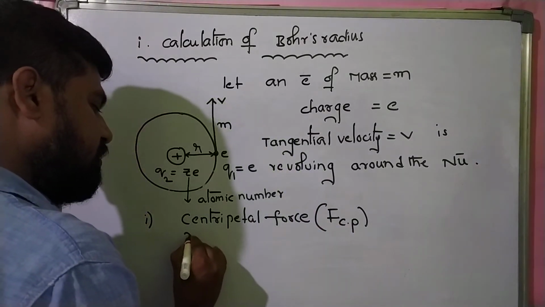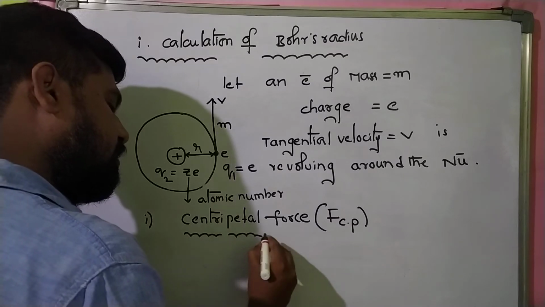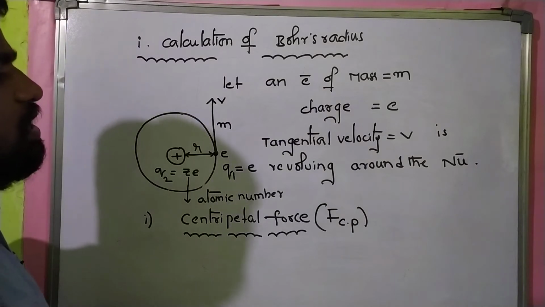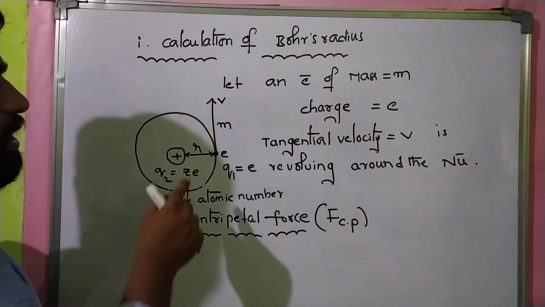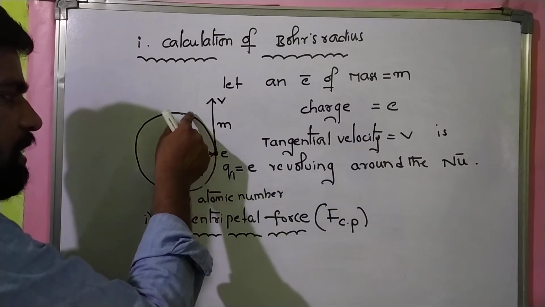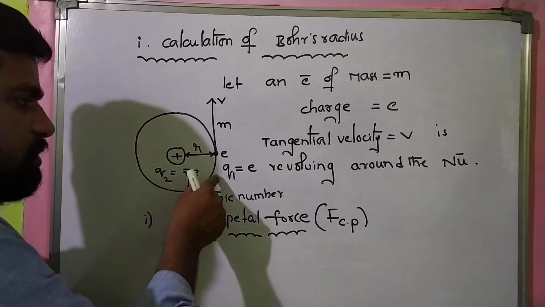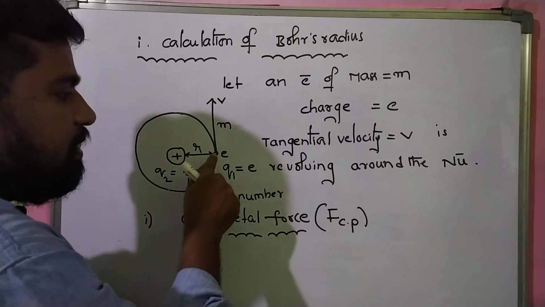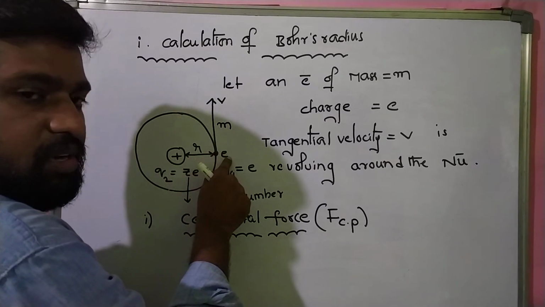First of all, we will calculate the centripetal force. So what is called centripetal force? During the revolution around the nucleus, there exists a Coulombic attraction force between the nucleus and the electron.